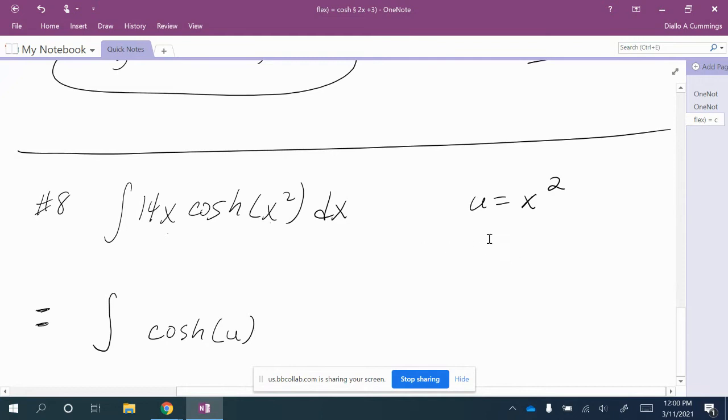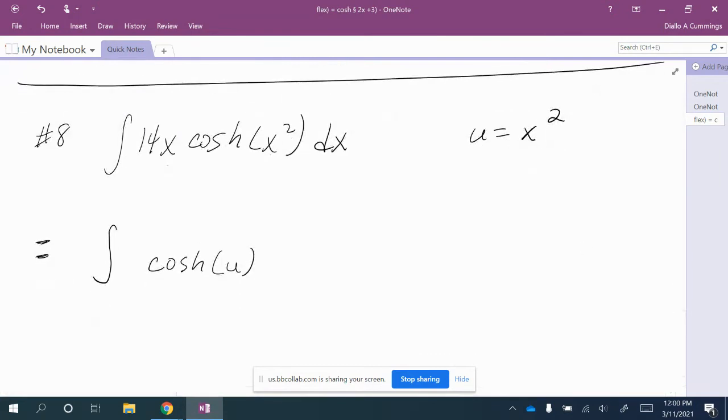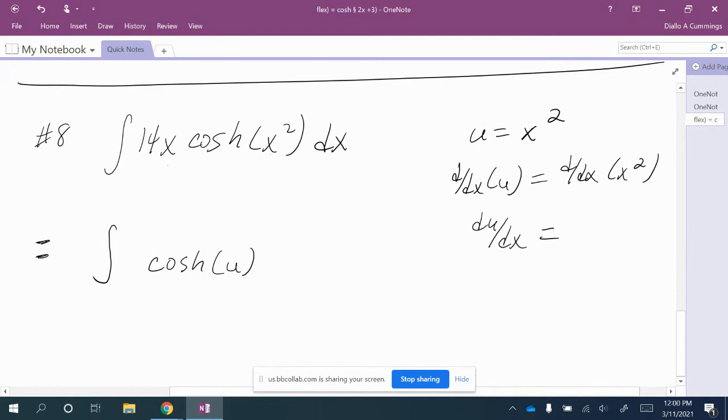Well, we made the substitution. Now I'm going to take the derivative of my substitution equation. So just as we did before, I'm going to take the derivative with respect to x for both sides. On my left-hand side, I have du dx.